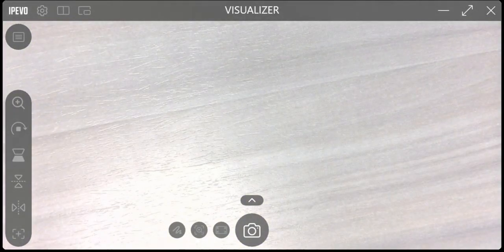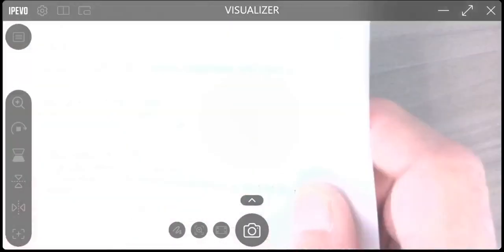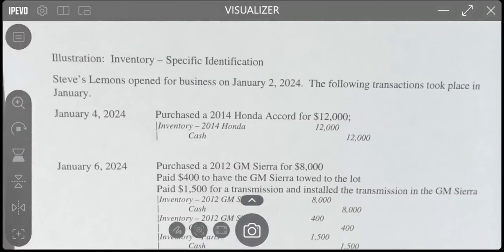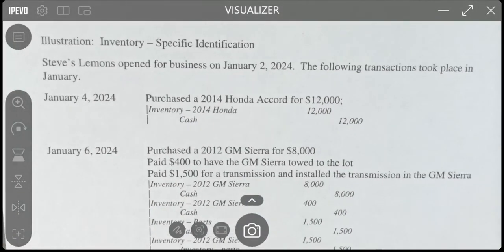All right, so let's do a really quick, simple, straightforward illustration of inventory. And this is going to use what we call the specific identification method. Specific identification method actually isn't applied very often because it's impractical.